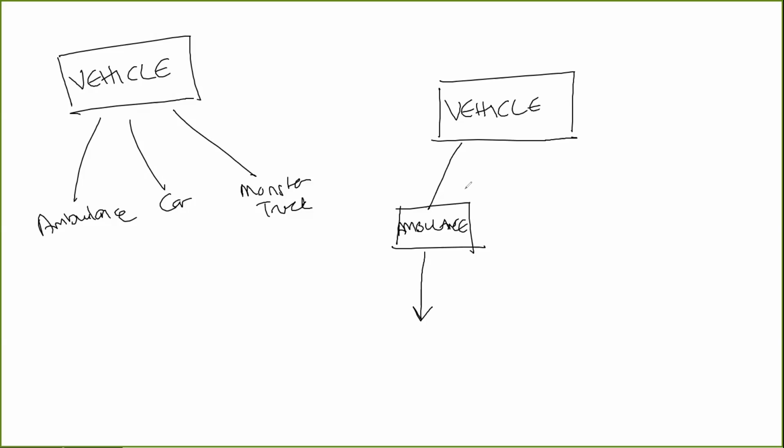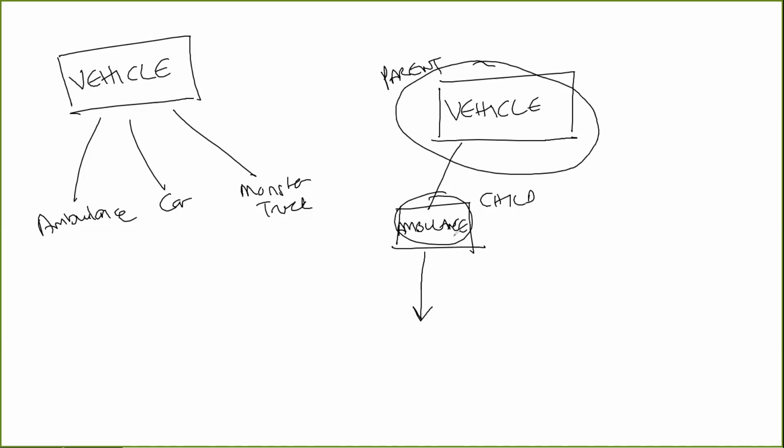The beauty of doing this is that we can set up a class called vehicle, in which we set up all of the things that are common to vehicles. Then we can set up a class called ambulance that inherits from the parent class. So vehicle would become the parent class, and ambulance would become the child class.